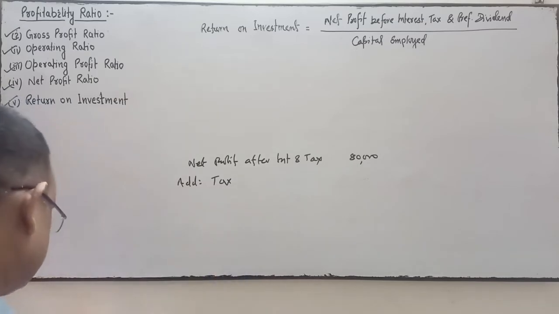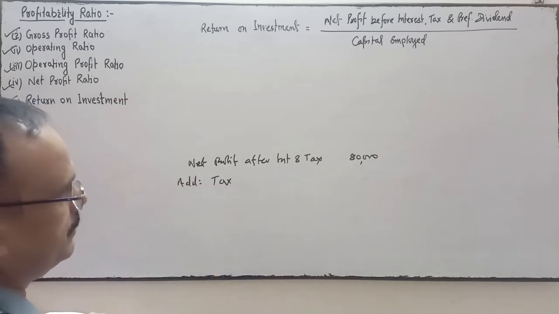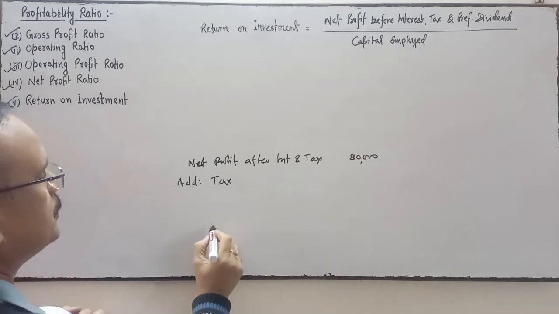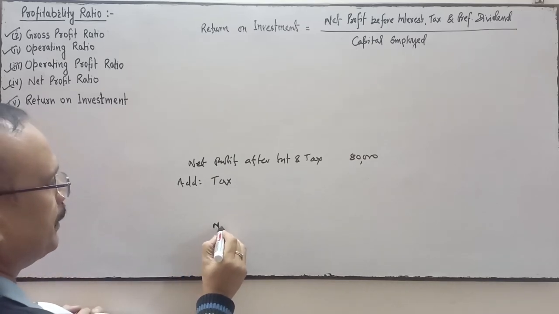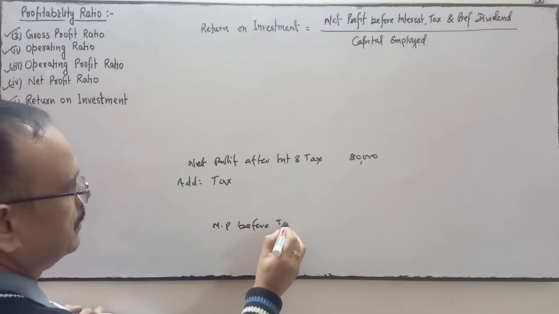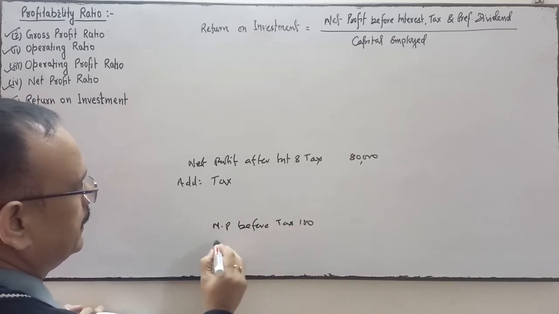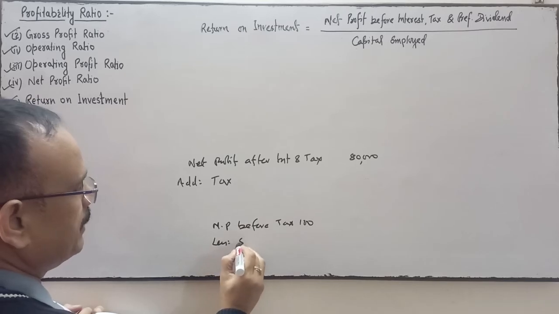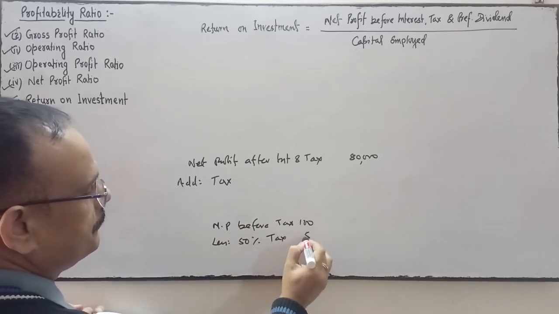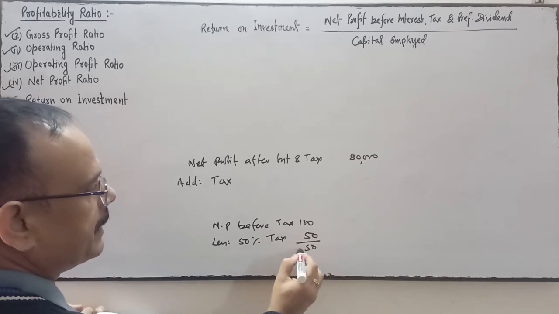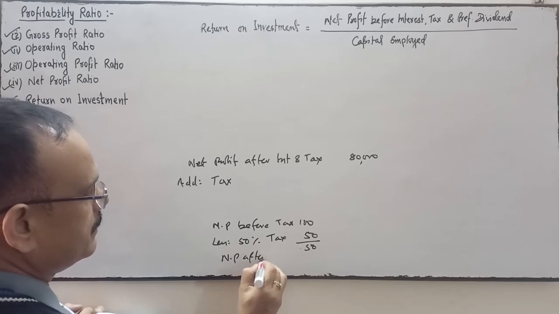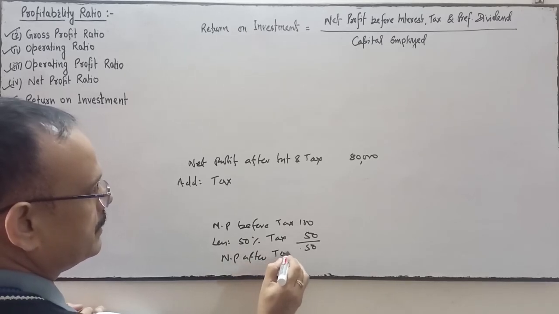So the tax rate is 50%. Suppose net profit before tax is 100, then tax at 50% is 50. So net profit after tax is 50 rupees, and tax is also 50 rupees.